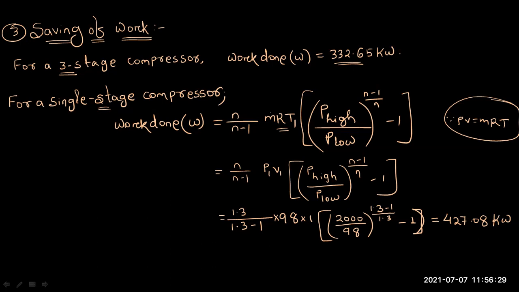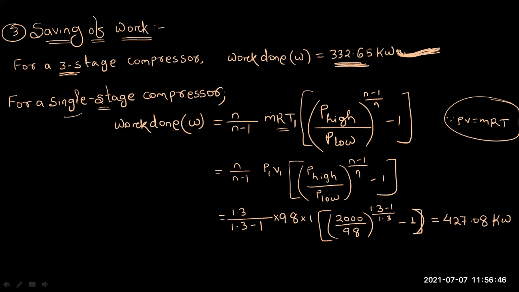For a 3-stage compressor, what is the work input required? 332 kilowatt. This is the work done we have to put in the compressor. Whenever you compress it, you have to do some work on the air.